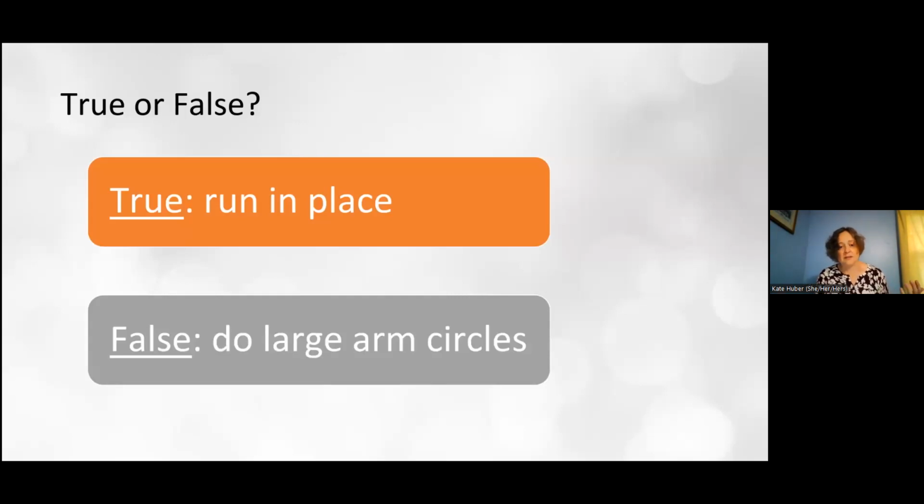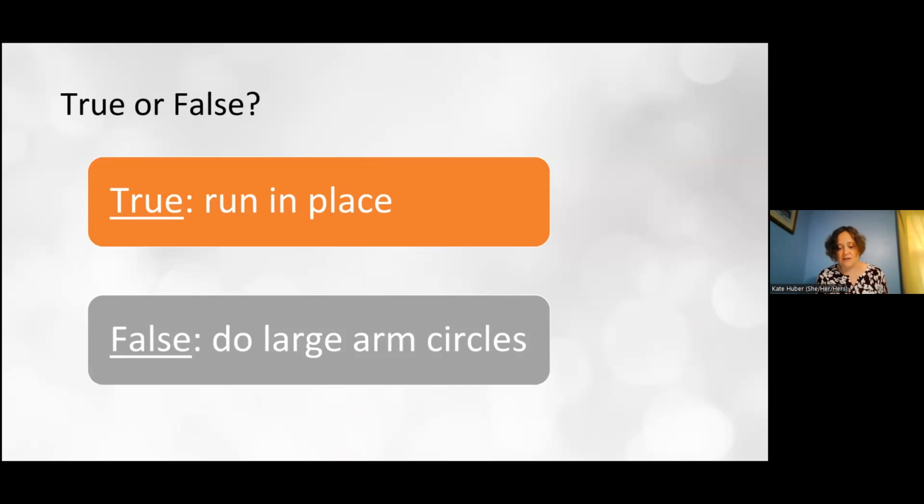Another one, you can give 2 different prompts. This is great for reviewing content. So you can do true or false, or odd or even if you're doing math. So if the statement I'm going to say is true, run in place. If you think it's false, do large arm circles. You can do whatever exercises you want in place of these, but it's just the concept of they're answering with their bodies.